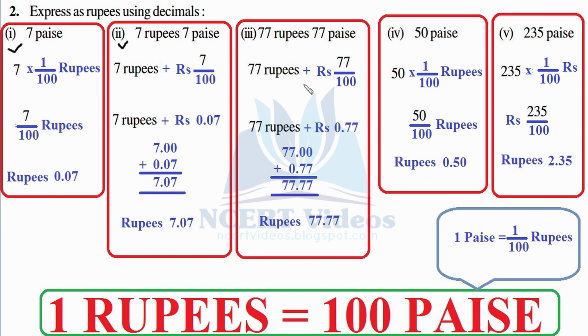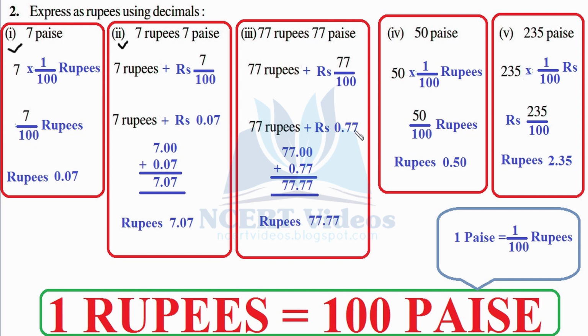Now here, 77 rupees. We will not disturb this. We will write it as it is. Now 77 paise over 100. The same concept: since you are going to a greater currency, you divide the number by the conversion factor, which is 1 rupee equal to 100 paise. Here you write the number as it is, 77. Then count the zeros. There are 2 zeros.